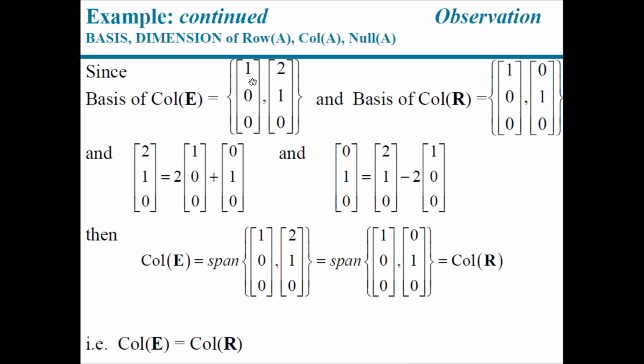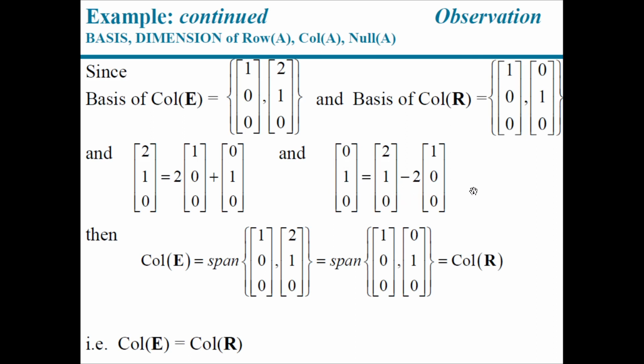Obviously the first vector is the same, so I just check the second one. The second one is a linear combination of these two, obviously. Also from here, it's easy, just flip to the other side, it is equal to this. So this vector is a linear combination of the other two.